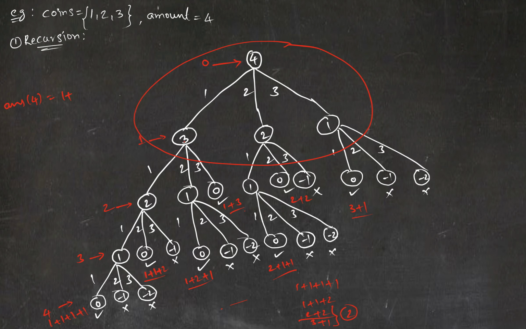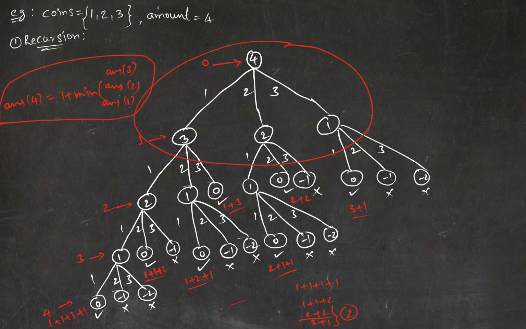To make 3, if I get the minimum value, then I have to choose 1, or to make these amounts, if I get the minimum value, then I have to choose one of these 3. So I have to take the minimum of answer of 3, or answer of 2, or answer of 1. So this is kind of a formula for us.